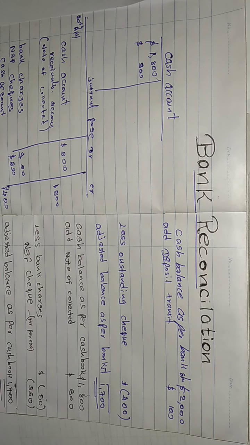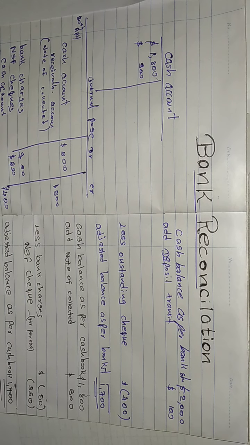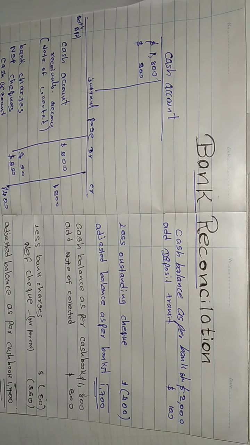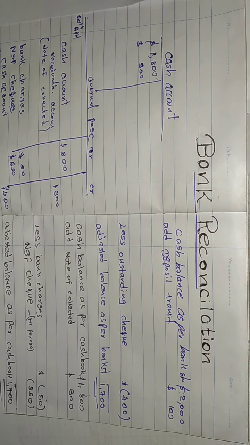We cannot simply reduce cash without naming the bank charges and the bounced check.